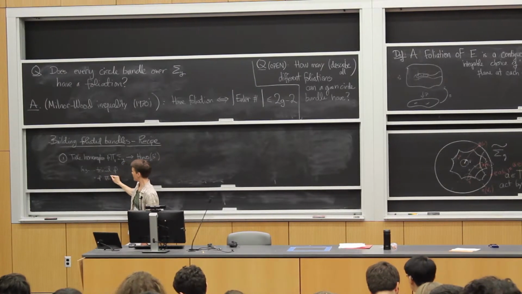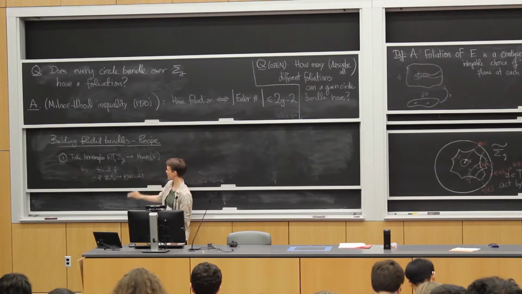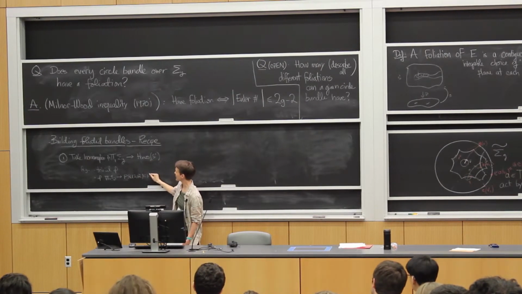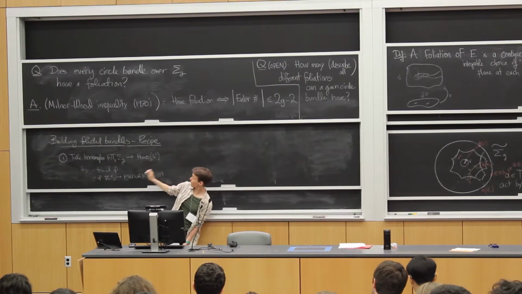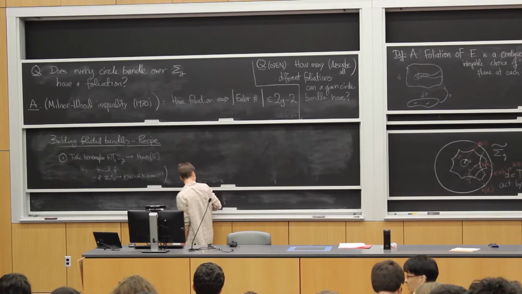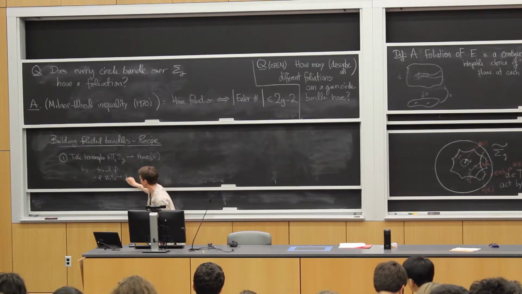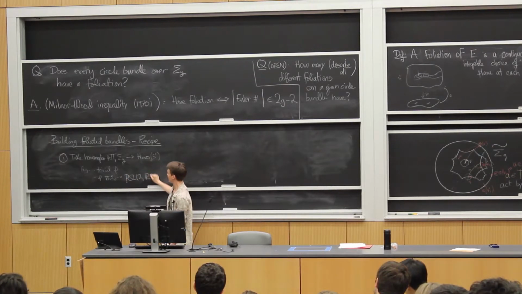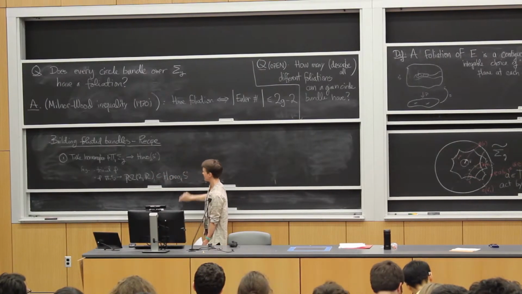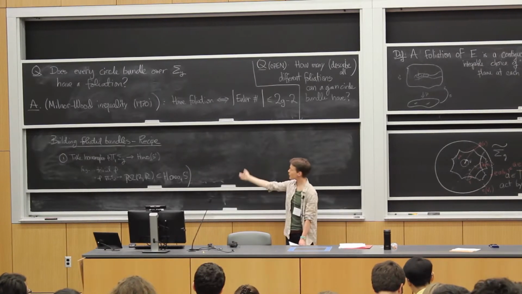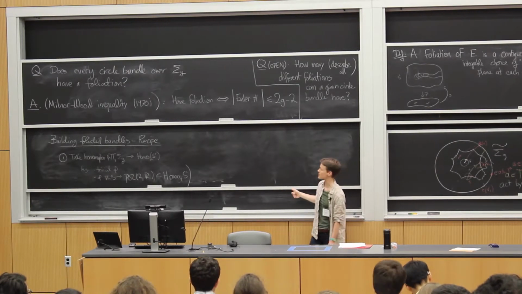I could put this into PSL2R, like you're doing isometries of hyperbolic space, and I could think of this as acting on the boundary of hyperbolic space by Mobius transformations. There are two examples that look very different, but anything you want is possible.